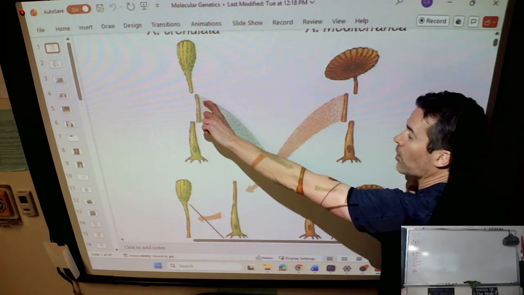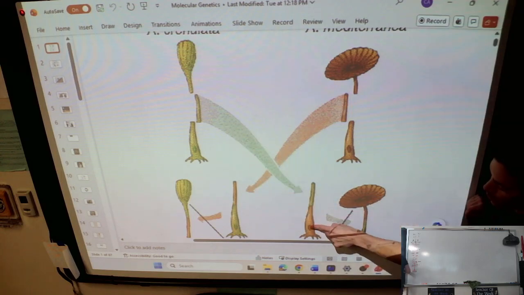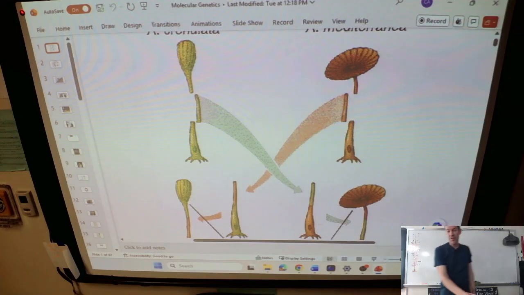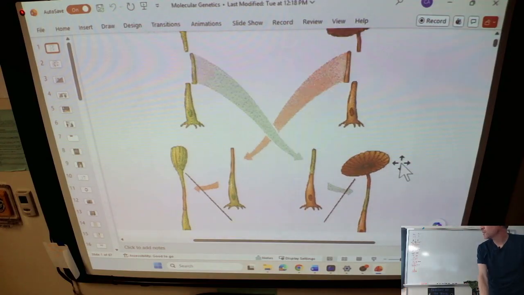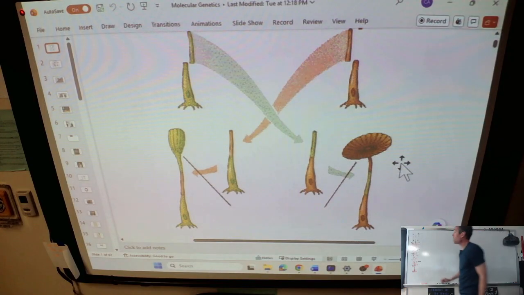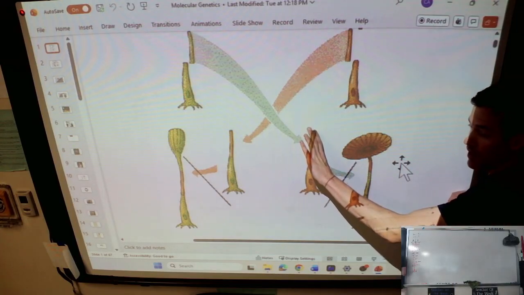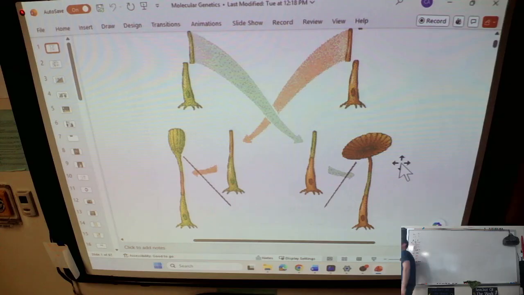He took this middle green part, put it on this burnt orange bottom. He expected a green top to grow out of it, but it didn't. A burnt orange top grew out of it. And as he kept doing this experiment with bigger and bigger pieces, it kept working until he cut through the nucleus and the cell died. So what he concluded is, whatever causes heredity, I think it's in the nucleus.